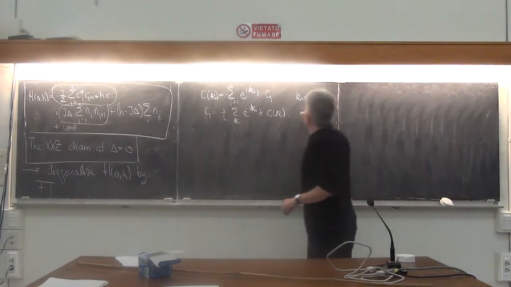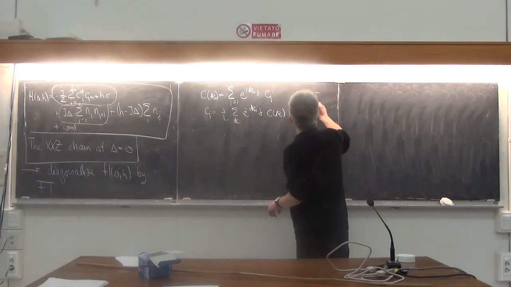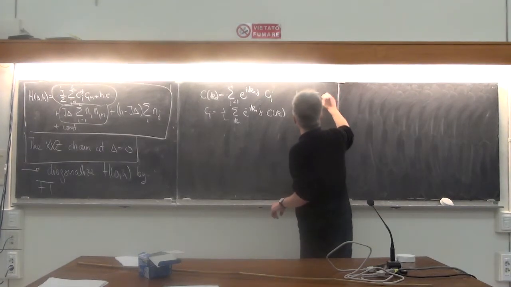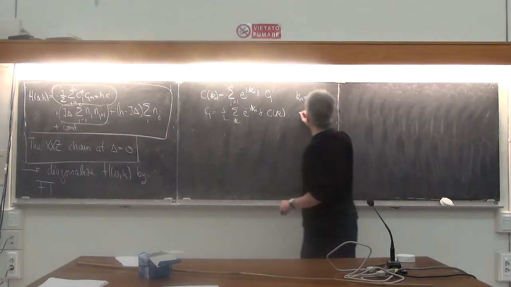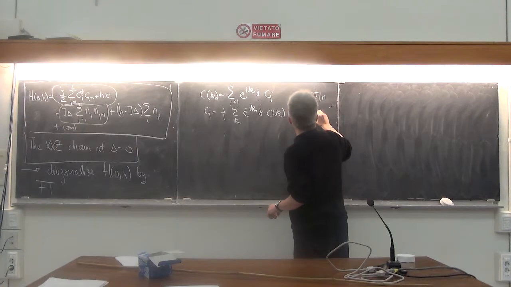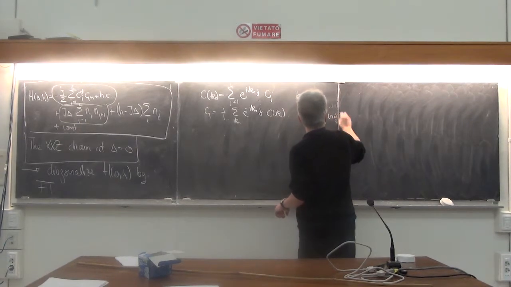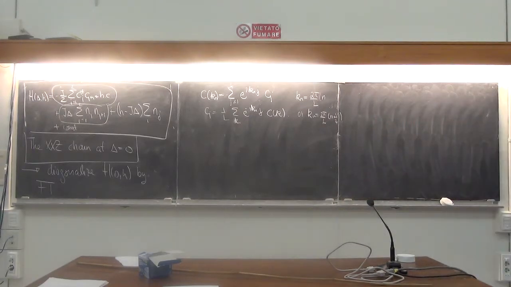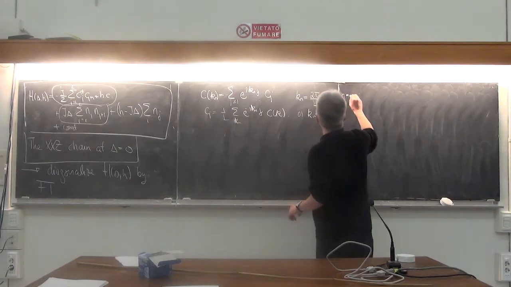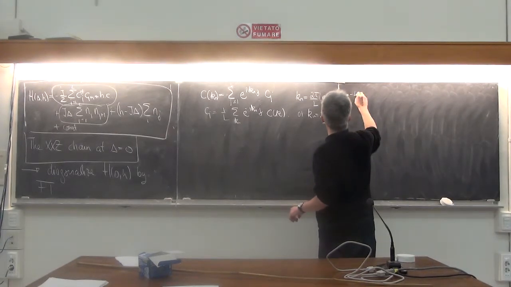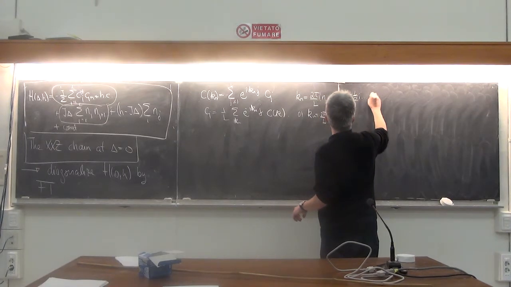So, it's 2 pi divided by L, and then here it's either n, or 2 pi divided by L, n plus a half. And now it depends whether your boundary conditions are periodic or antiperiodic. But then n, we can take it here to run from minus L over 2 to L over 2 or something like this.